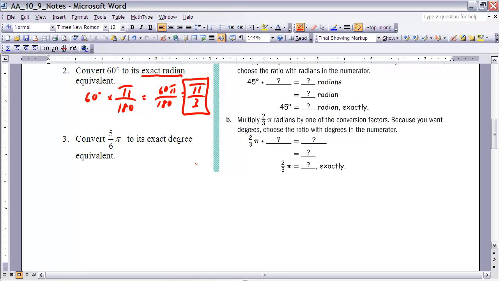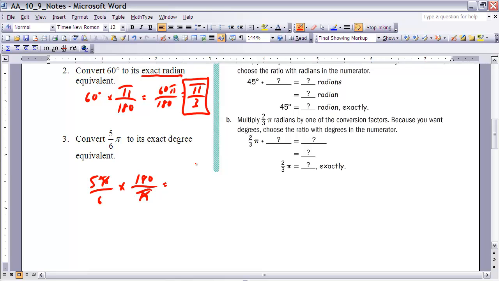Example 3, we want to convert radians to degrees. So I'm going to take the number of radians that I have, which is 5 pi over 6. Sometimes it's just easier to keep it as a fraction like that. And then I'm going to multiply that by, since I'm converting to degrees, I want to have 180 on top, and I want to have pi on bottom. Now, the nice thing about this is that the pi's are going to cancel each other out.